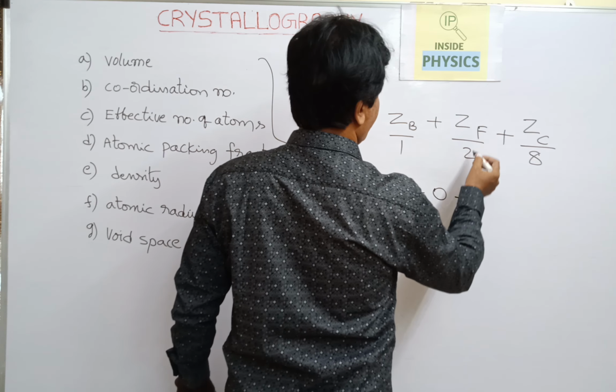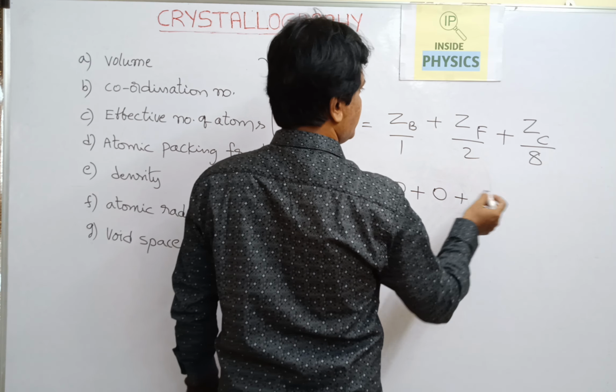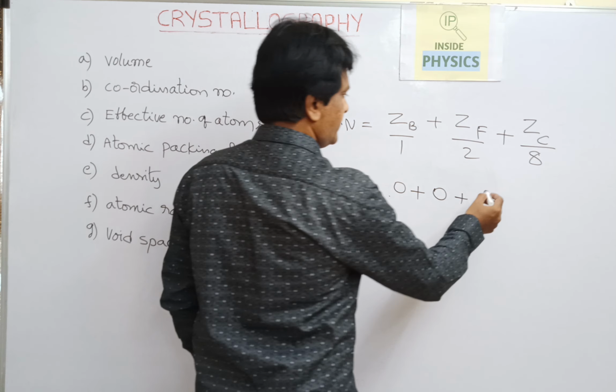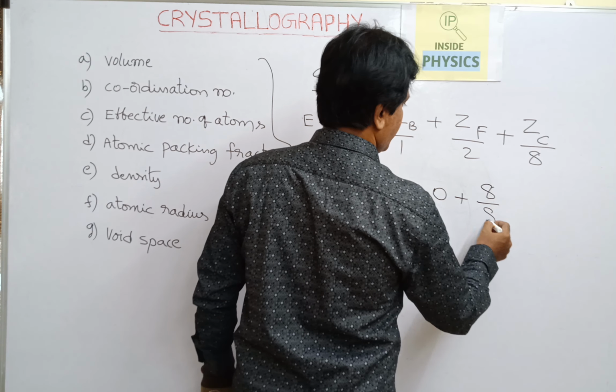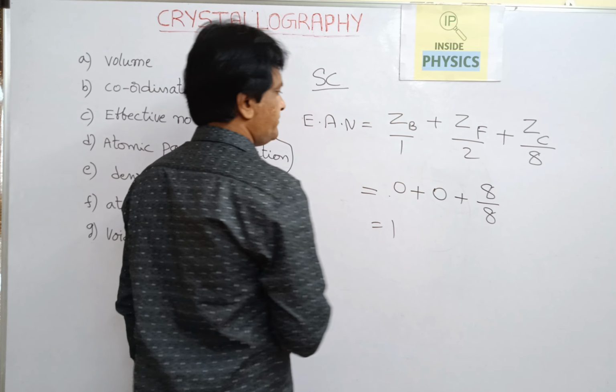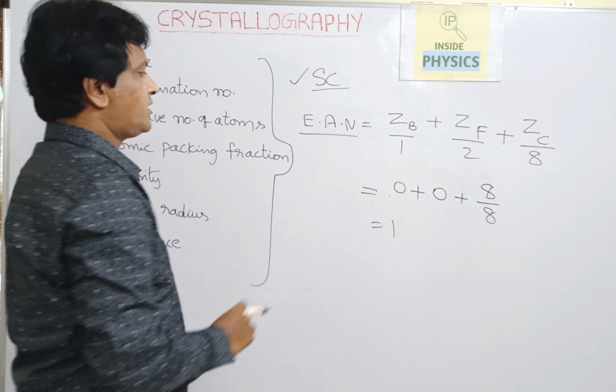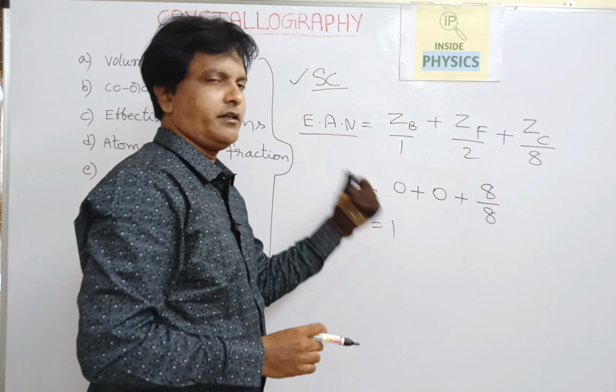That means ZF by 2 is 0. Here the number of corner atoms in a simple cube is 8. So 8 by 8 is equal to 1. The effective atomic number in a simple cubic structure is nothing but 1.